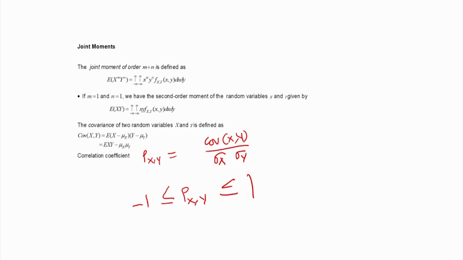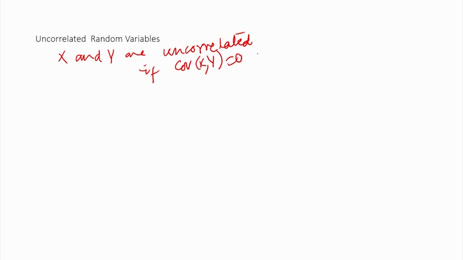Now, once we define the covariance or correlation coefficient, we can define uncorrelated random variables. Random variables X and Y are uncorrelated if the covariance of XY is equal to 0, or rho_XY is equal to 0.